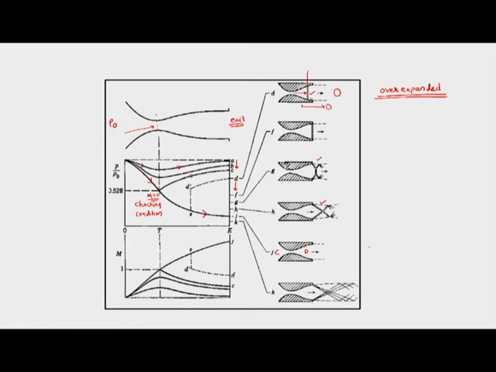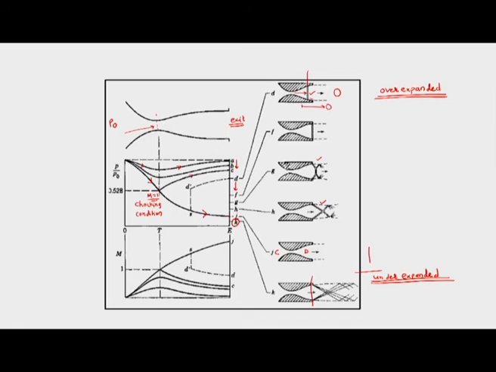But if we further decrease the pressure to this value, then we would have a case which is called under expansion. Under expanded nozzle. In this case the nozzle is improper since it is not expanding the flow to the desired exit pressure.